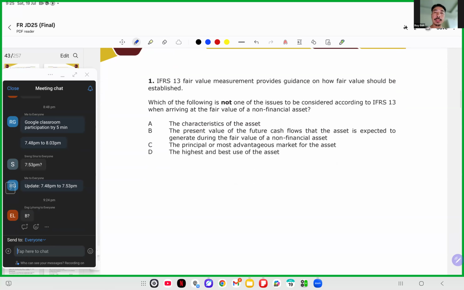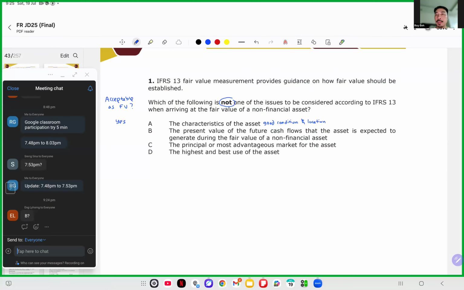Congratulations, you are right. Which is not considered, not acceptable, not allowed as fair value? So you say the characteristic, of course, this is allowed. Why? If you have good condition and location, it's called characteristic.